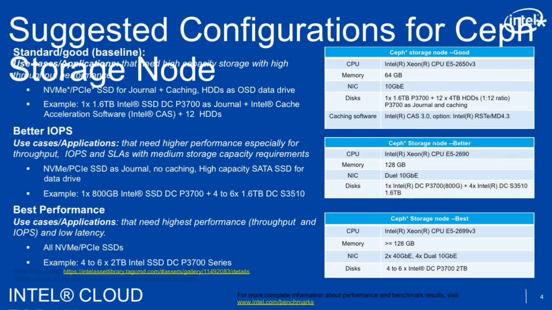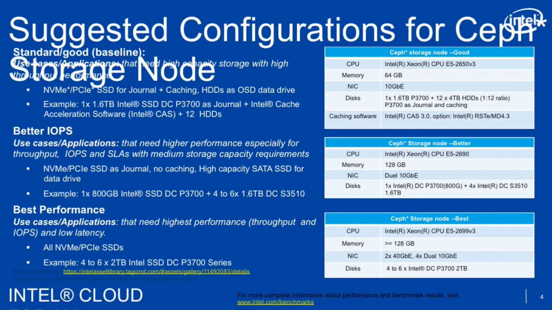The second one we developed, we call good, better, best. The second is a better solution, which is All Flash, but you use NVMe SSD as journal plus SATA SSD, because SATA SSD is still cheaper today. Using NVMe as journal gives you faster write.